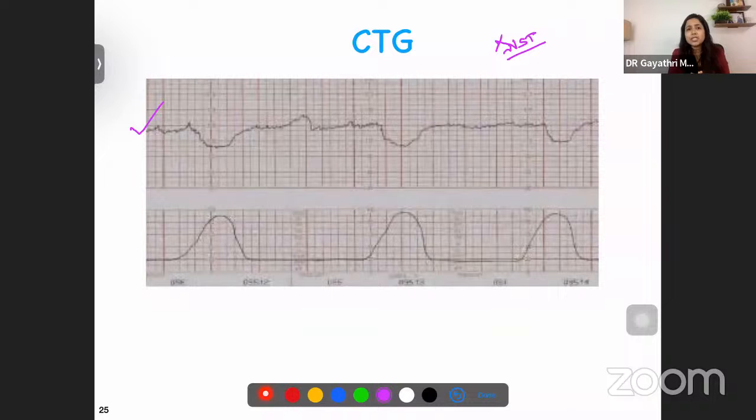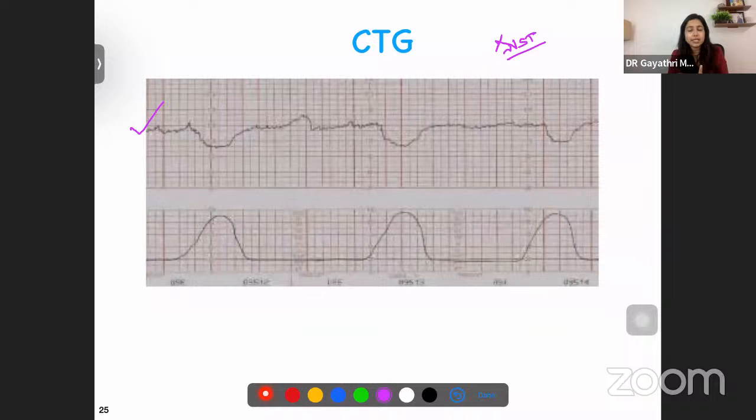In CTG, we look at various features like the baseline heart rate, the variability, any decelerations or the presence of any accelerations. This image is showing you some decelerations. Decelerations are basically a fall in the fetal heart rate below the baseline, usually by 10 to 15 beats.